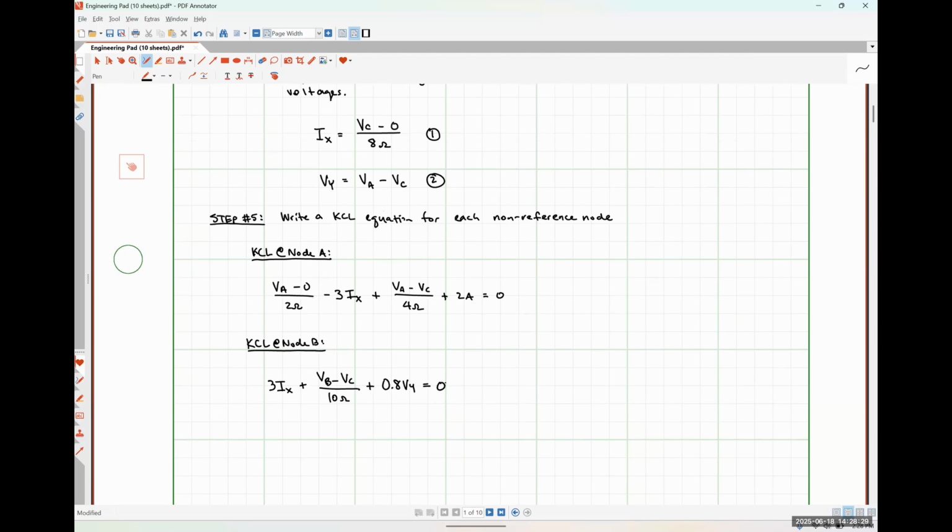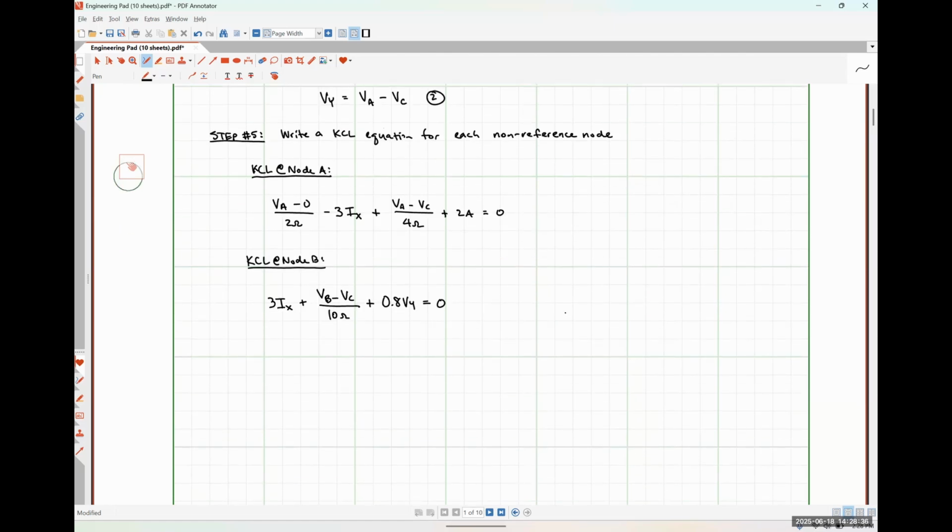So those are our three currents. We add them together, set it equal to 0, and we're good to move on to our next node. So this is equation 3. Here is equation 4.